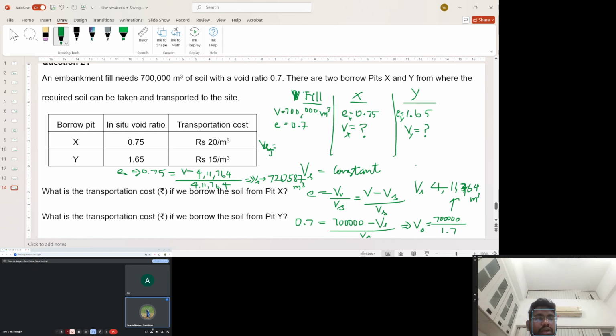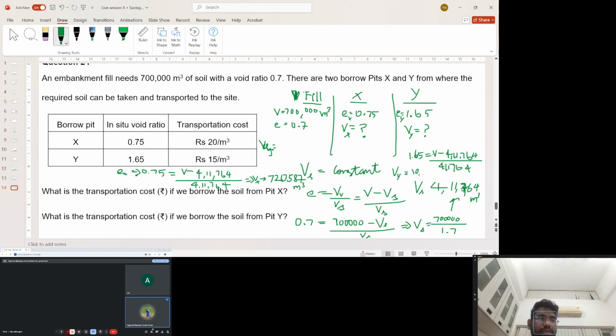For that we can calculate 1.65 equal to V minus 411,764, divided by 411,764. So what is Vy?